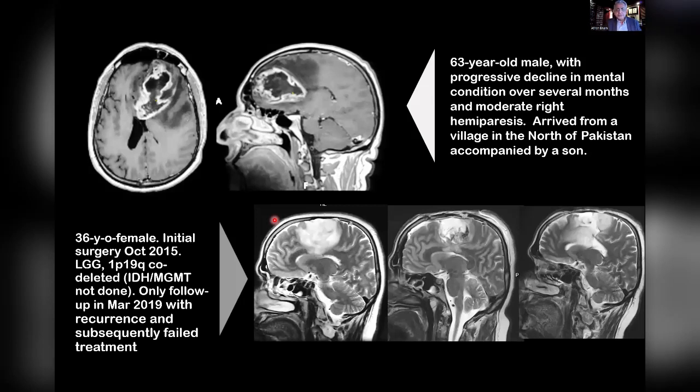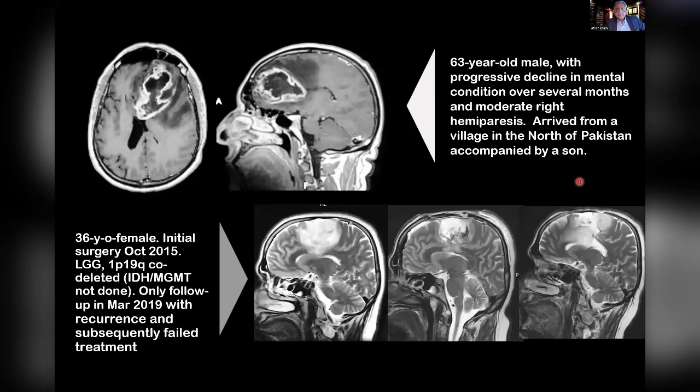So here are these two cases. This was a 63-year-old male who presented to me with a progressive decline in mental condition over several months. He came from up north. Pakistan is a country that has more of a vertical axis. He was brought in by his son, who was in his 30s, and probably was the sole breadwinner of the family.